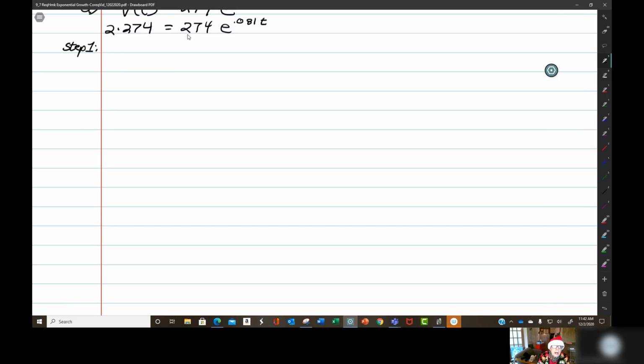Divide both sides by the number in front of e, which is 274. Cancels out here, but also cancels out here, leaving me with 2 equals e to the 0.081 t.